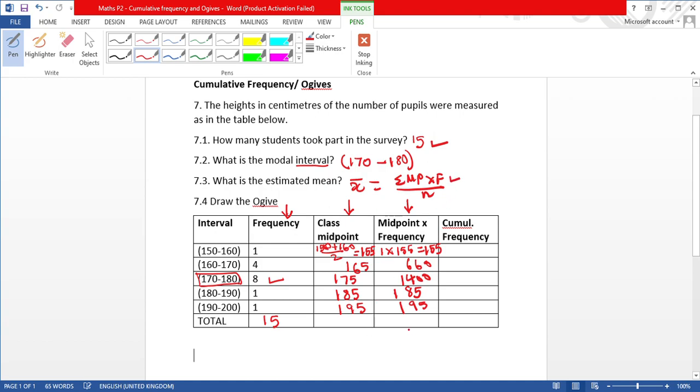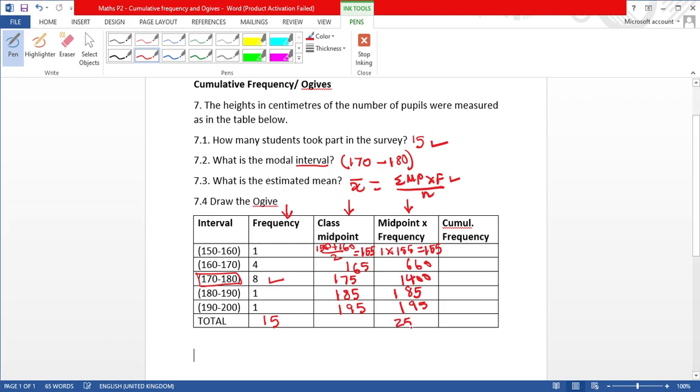So the midpoint times frequency would be 155 plus 660 plus 1400 plus 185 plus 195, which will give us 2595.